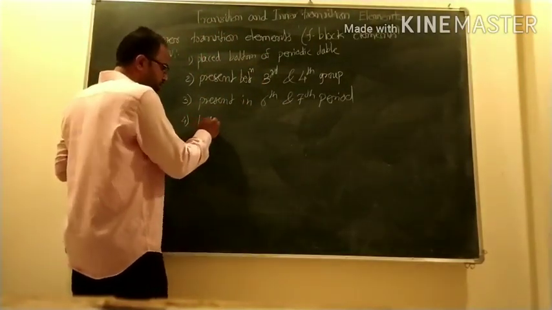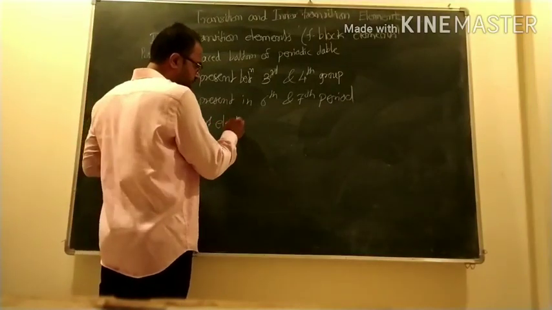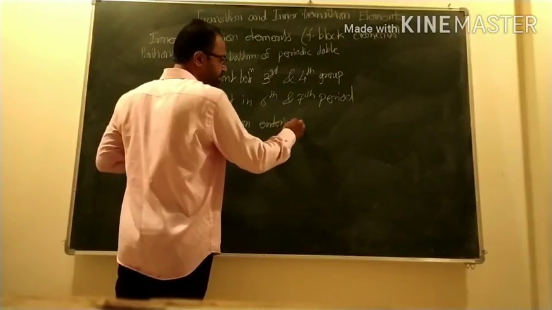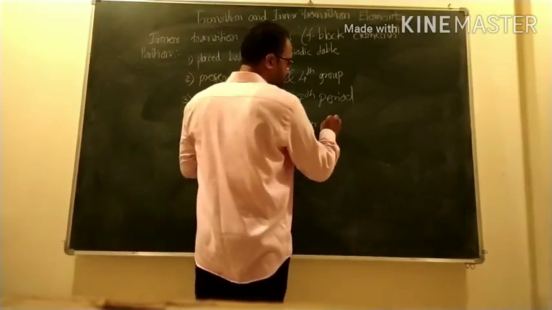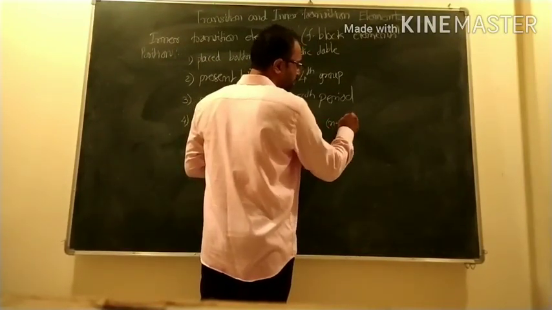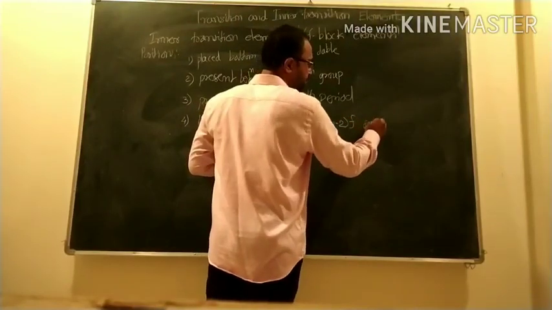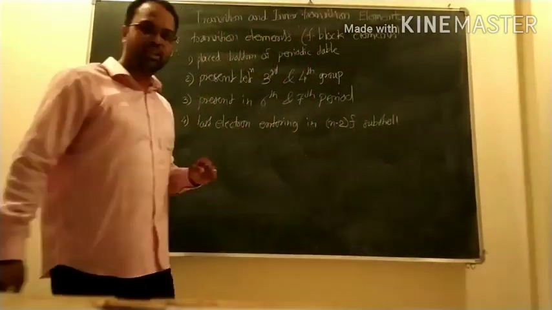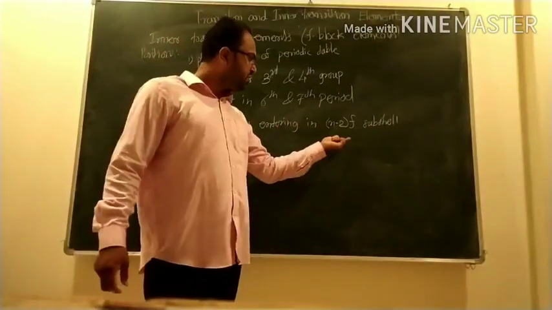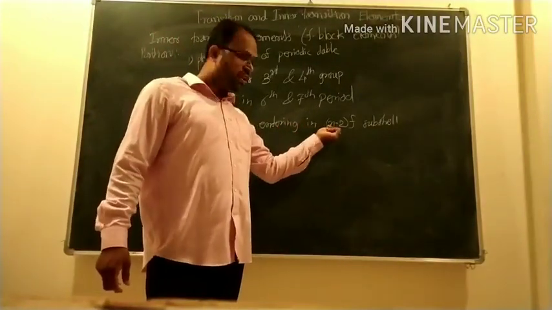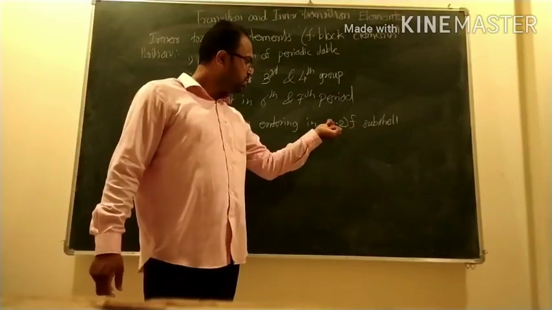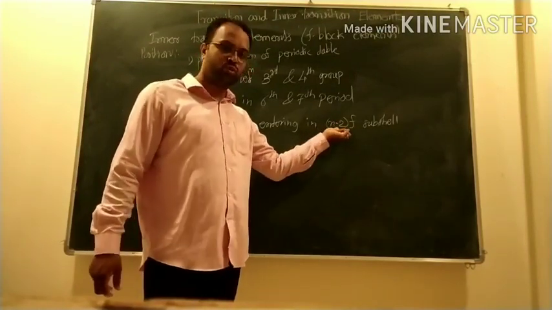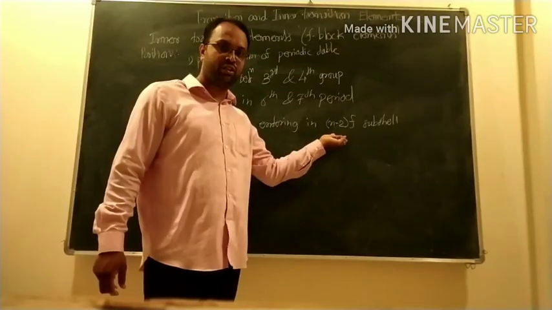The last electron is entering the n-2 f subshell. n-2 means n is the last shell, n-1 the last second shell, and n-2 the last third shell.